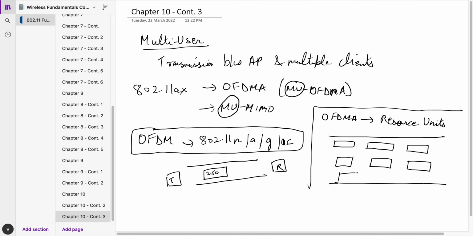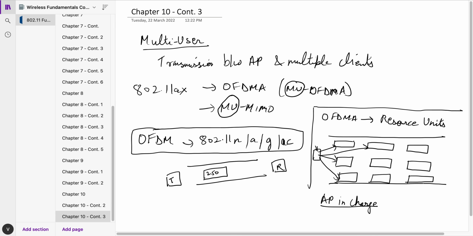Since most of the communication is happening under 300 bytes, we are at a liberty to create resource units. But yeah, for a single transmission, you can also use the whole frequency band, whole channel. That's also allowed if you have a bigger frame going in. But usually the AP is in charge here. So the AP decides how many resource units to create and who all clients will be transmitted data to at a time, what power level of each transmission will be, because the AP here is transmitting data to this resource unit, this resource unit, this resource unit, and so on and so forth.